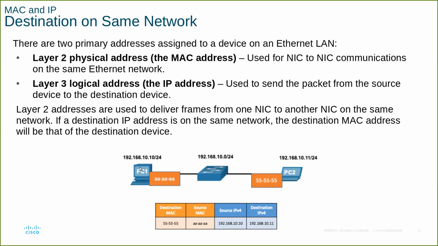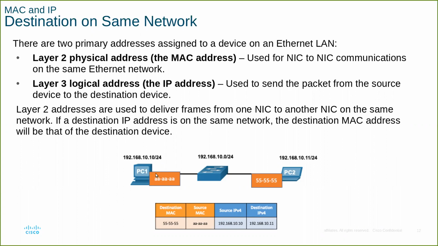So how does PC1 send information to PC2? PC1, this is the IP address, the logical address, and it has a MAC address of AA-AA-AA. That is the physical address.